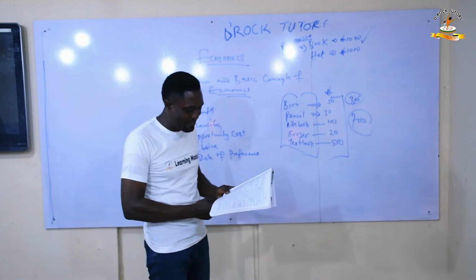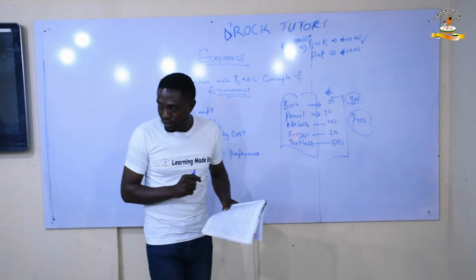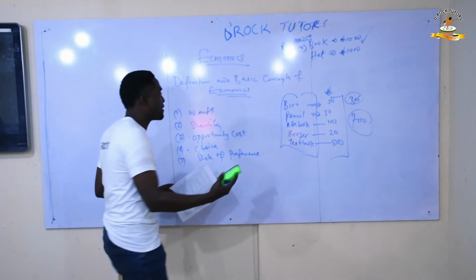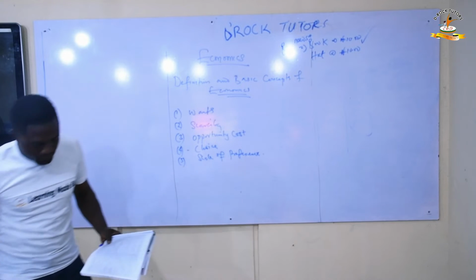Now, this is another one. This one, you need to get it. There are also calculations under the scale of preference.